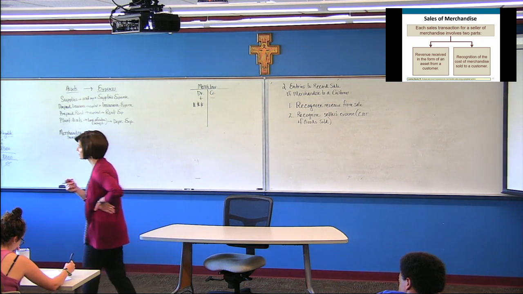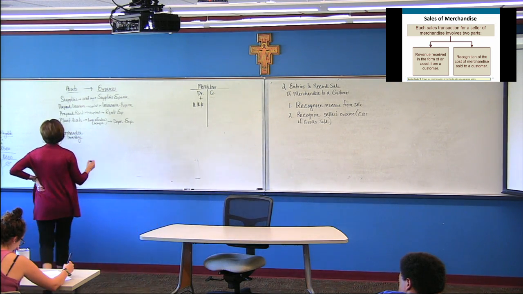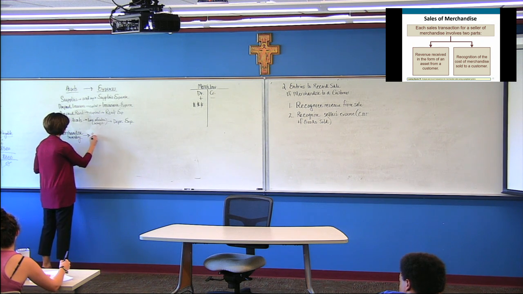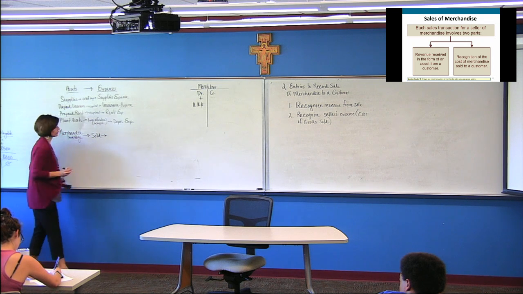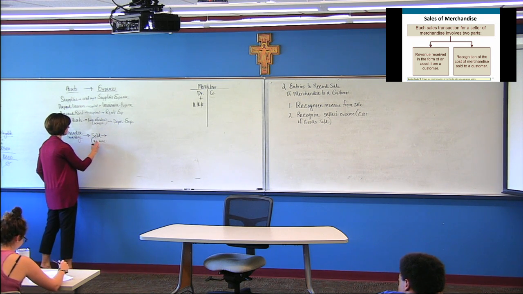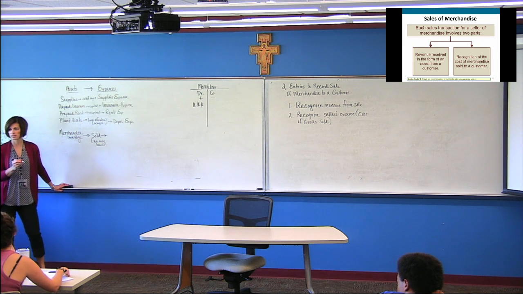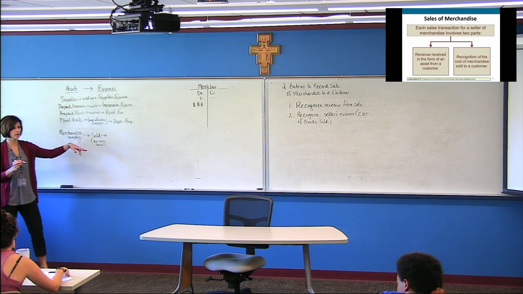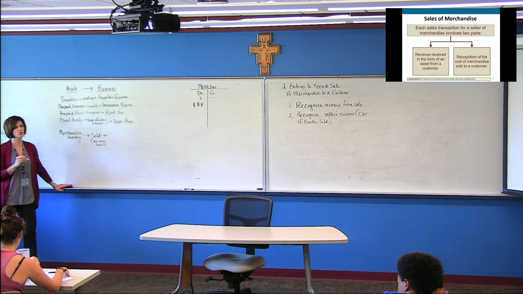When I sell it, though, I lose the benefit because it's gone. So it's sold. No more benefit because it's gone. I had to pay for that first, didn't I? So if we're keeping in line with what we've been doing, merchandise inventory was your new asset account.